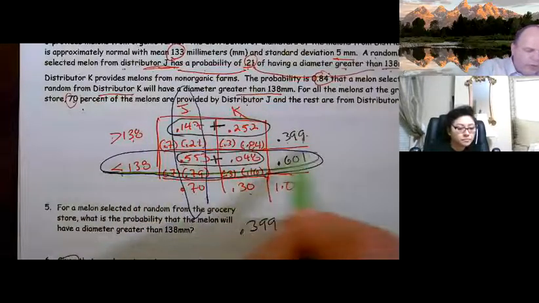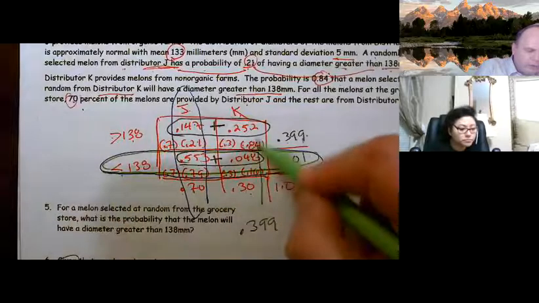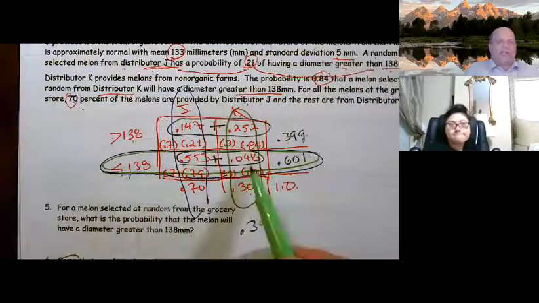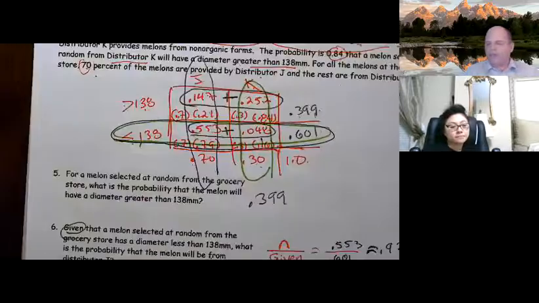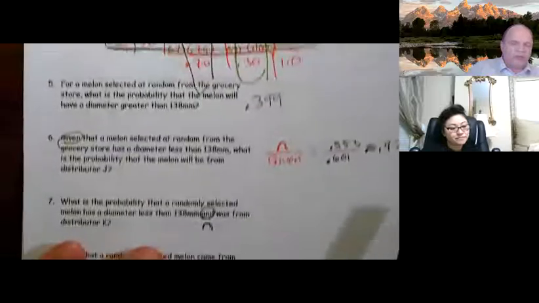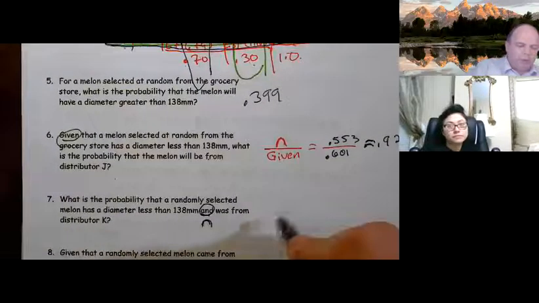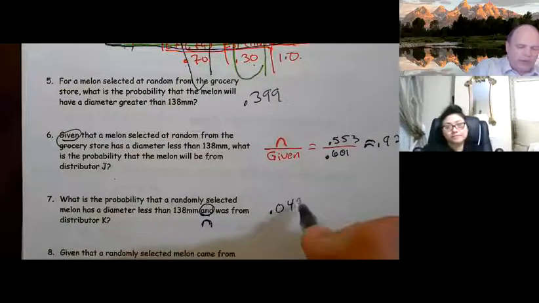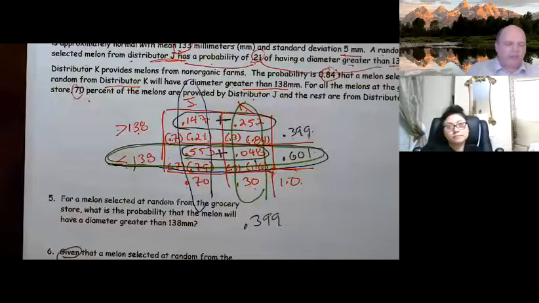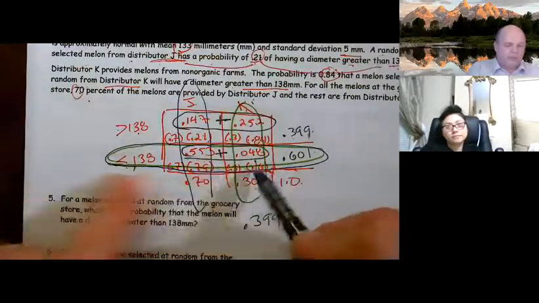There's no given. Less than 138, distributor K, that's my intersection. So this answer for number 7 is 0.048. Once again, we did the table work, and it's just that intersection of K and less than 138.